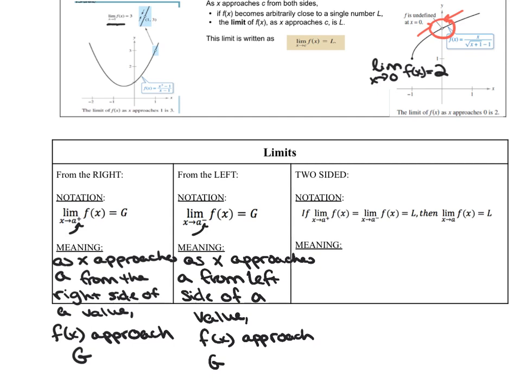We get a two-sided limit if your right-sided limit equals your left-sided limit and they're equal to the same number.